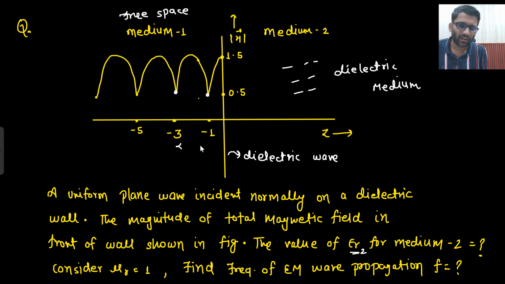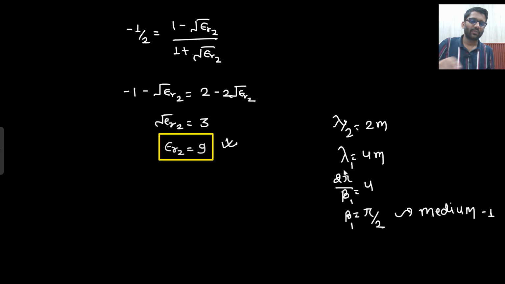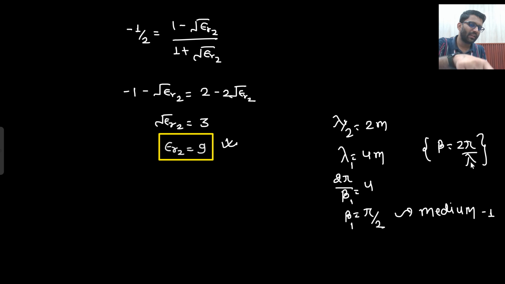I should have written lambda 1 by 2. So lambda equals 4 meter. What do I know? Beta equals 2 pi by lambda, or lambda equals 2 pi by beta, whichever you know. From here, the value of beta I am getting is pi by 2.